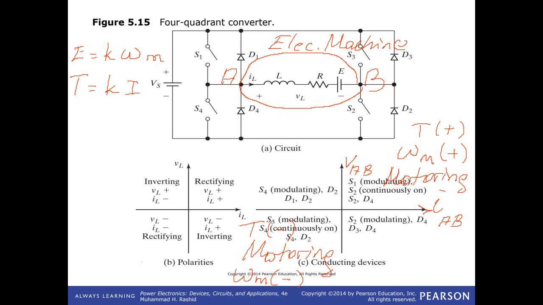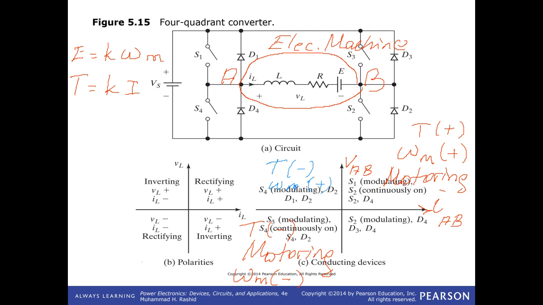While current is positive here, torque is positive. I'm sorry, while omega is positive, rotation is positive. But in the meantime, you are changing the current direction. Torque is negative here, but speed is positive.